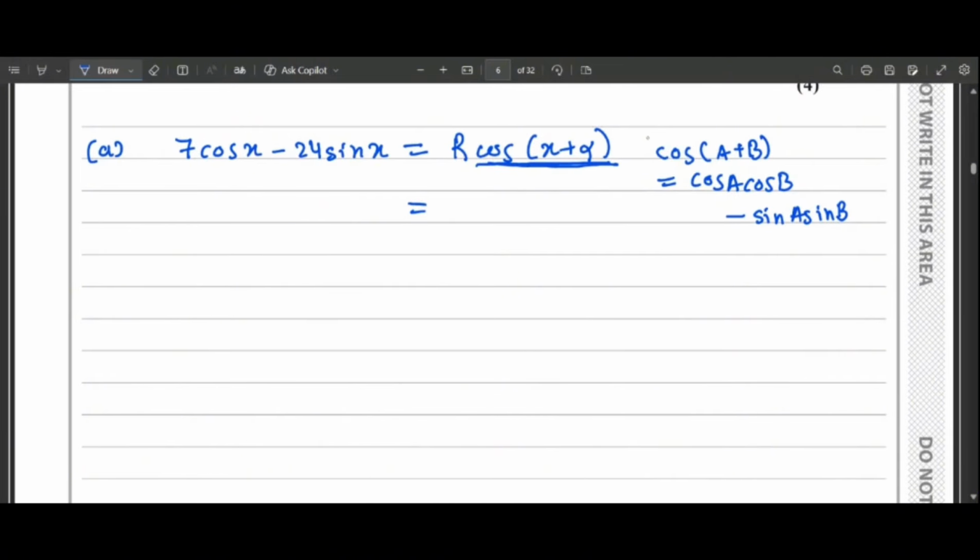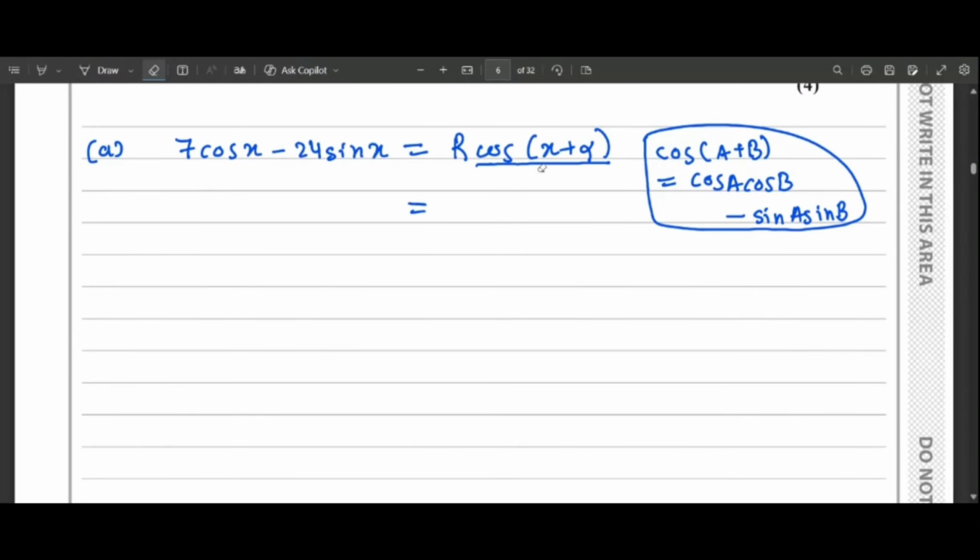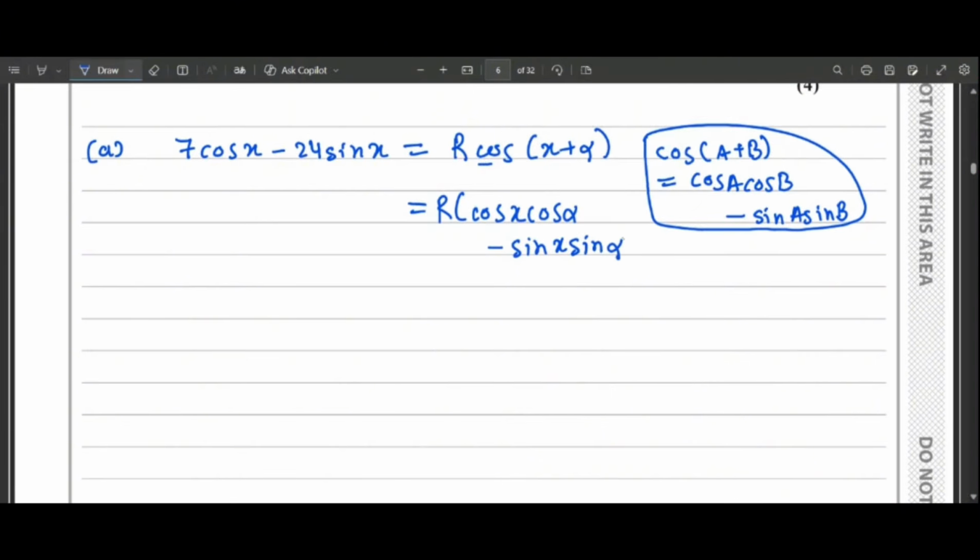We can use this identity to break down cos x plus alpha. So we can write r cos x into cos alpha minus sin x into sin alpha is equal to 7 cos x minus 24 sin x.